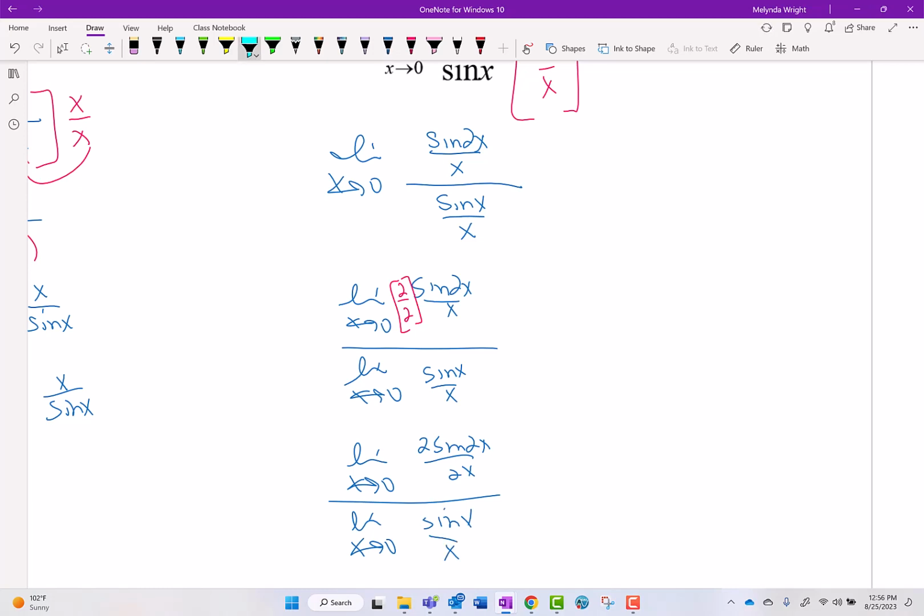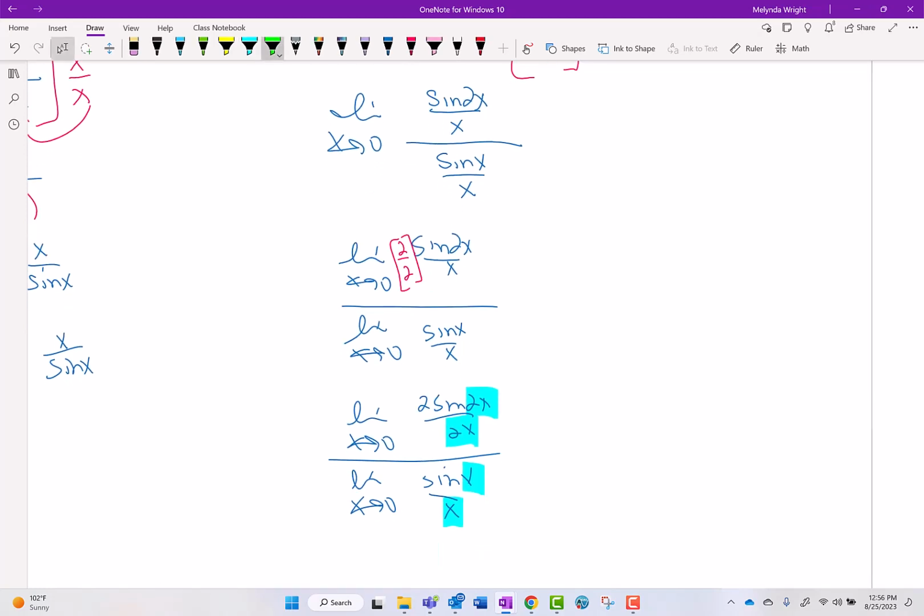Notice we have to have those spots match. The 2x has to match the 2x, the x has to match the x. When that happens, these parts are the special limit that I've circled, which is what? 1. So this turns out to be 2 times 1 over 1, or 2.